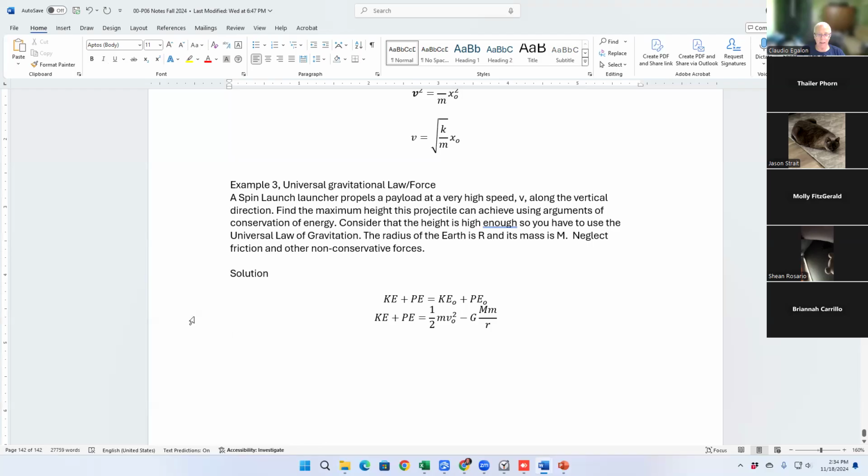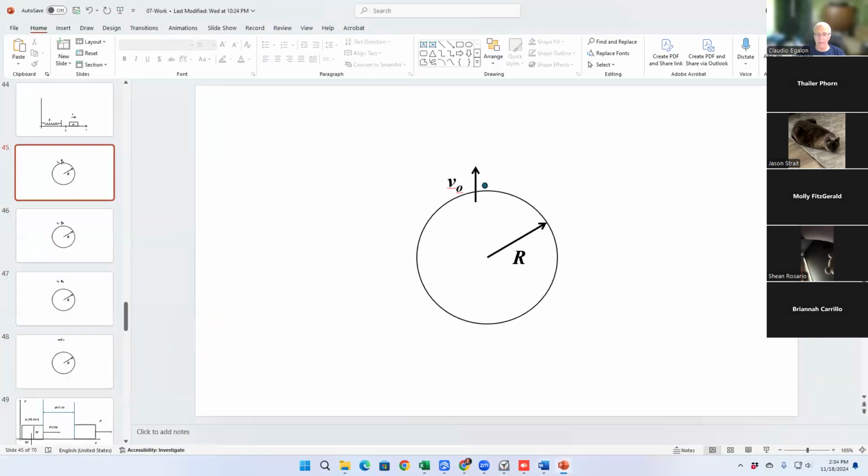Okay. Final kinetic energy is going to be 0. And then we're going to have a final potential energy. Let's go see there. You go right here.